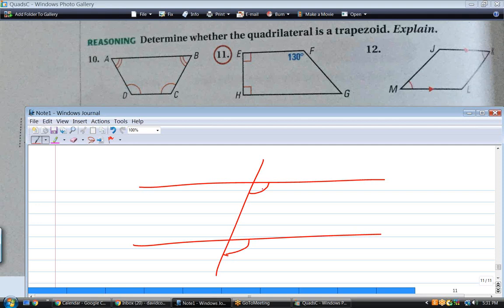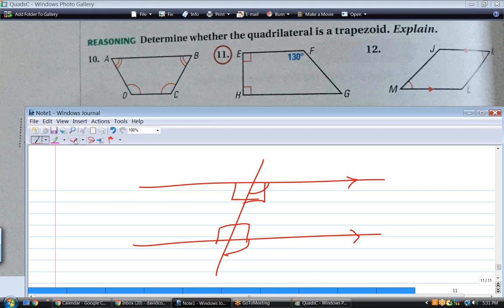Well, up here, that's 90 degrees there. That and that are 90 degrees, both of them. That means all four of them are 90, which makes those two lines parallel. That makes sense.